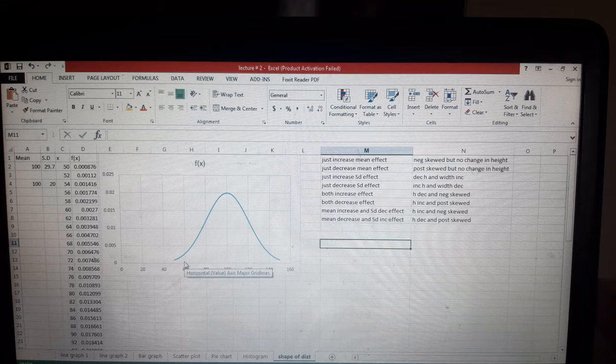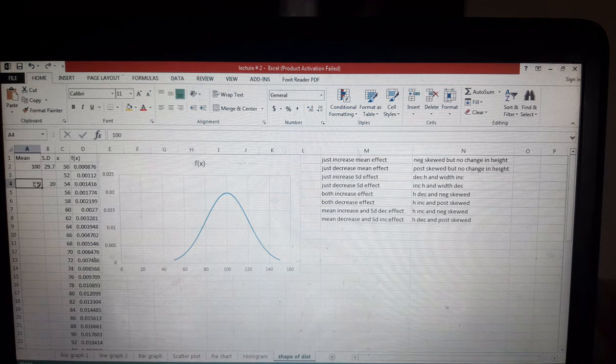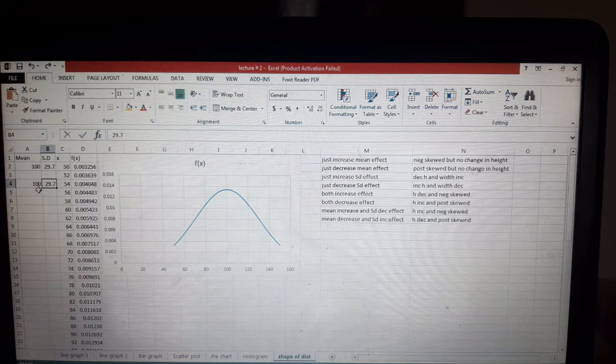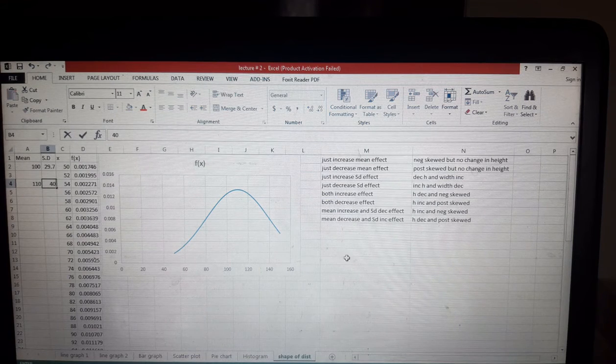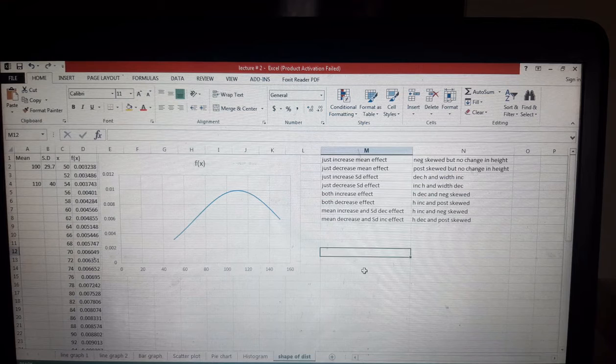If we increase both mean and standard deviation, let's see what will happen. Height of the distribution decreases and the distribution becomes negatively skewed.